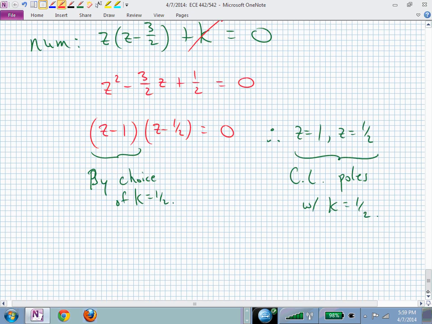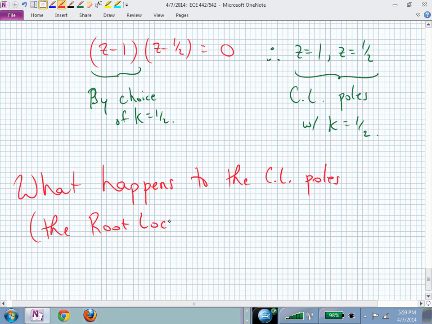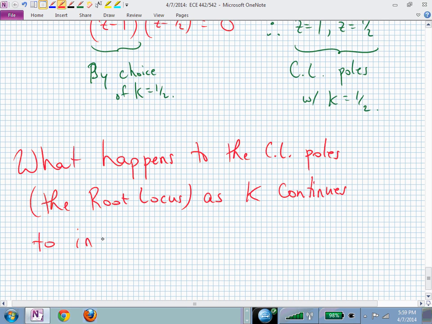What happens to the closed loop poles, and the closed loop poles are really the root locus. That's why we're sketching the root locus, so we know where the closed loop poles are. What happens to those closed loop poles as k, the gain value, gets bigger or continues to increase?